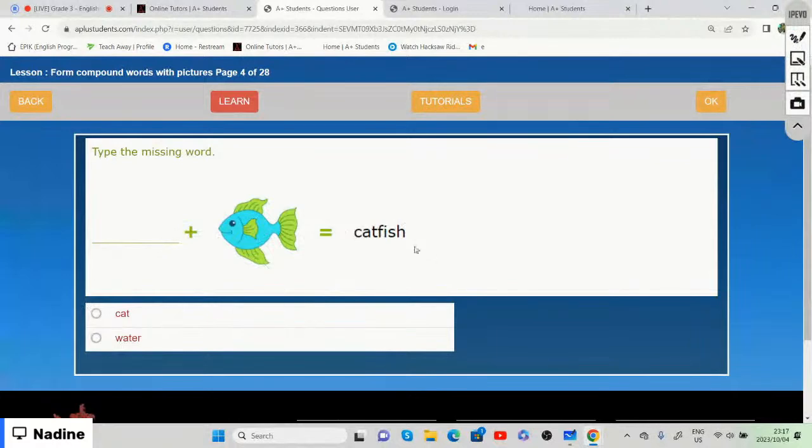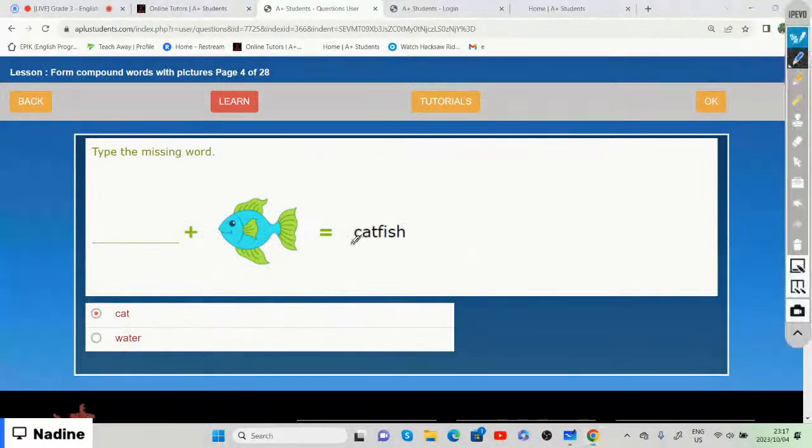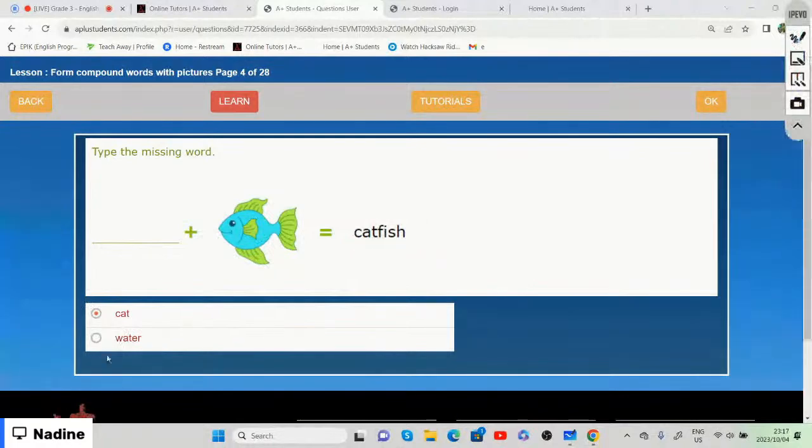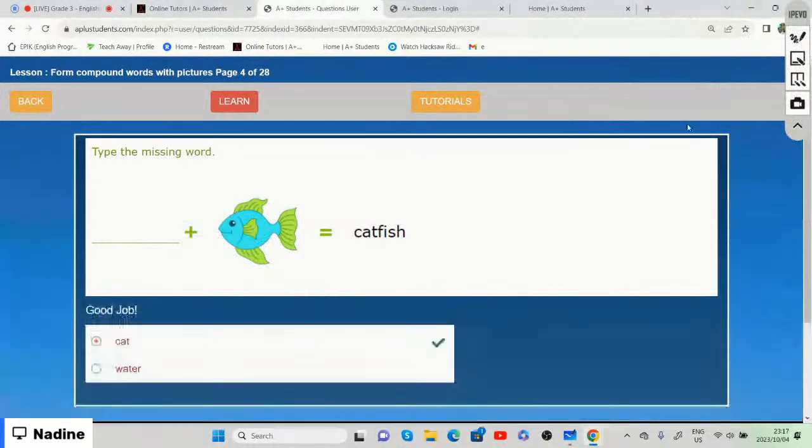If we choose the correct missing word, we can say cat, right? Because here we have cat and we have fish, and if we put those two words together, it is catfish. So if you said cat, then well done.